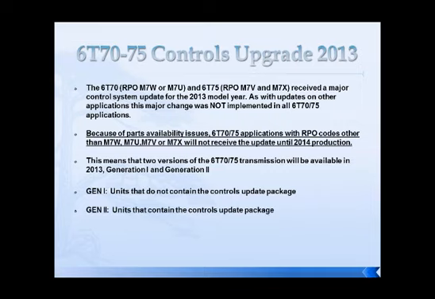One method is the old application. We're going to call that Generation 1. So a Generation 1 transmission does not contain any of the parts we're going to be going through here in a minute. The second design is Generation 2. The Generation 2 contains all the update stuff that we're going to talk about here very shortly.